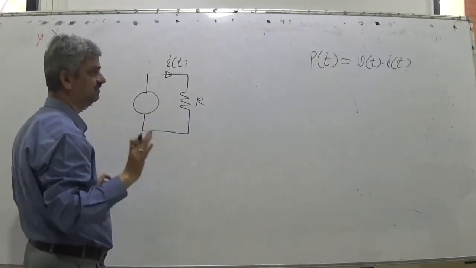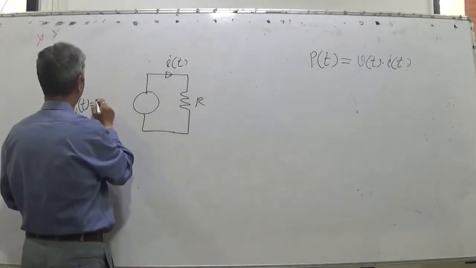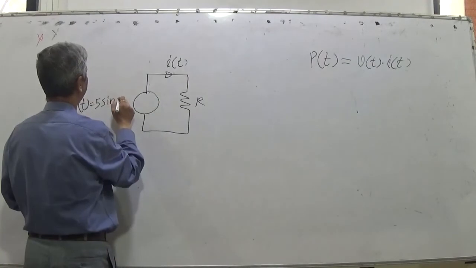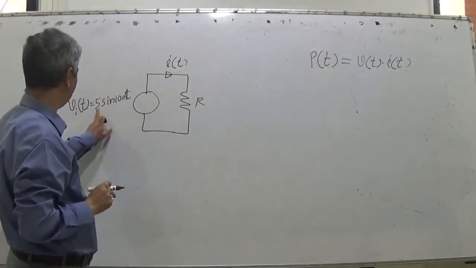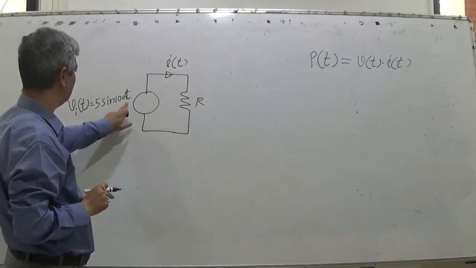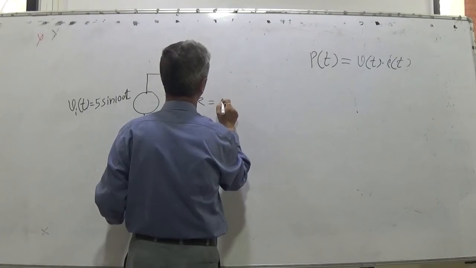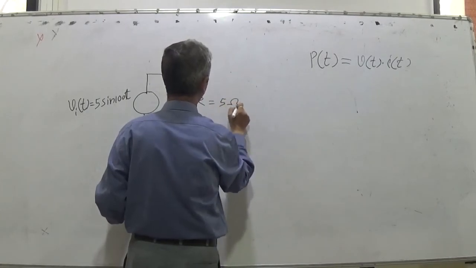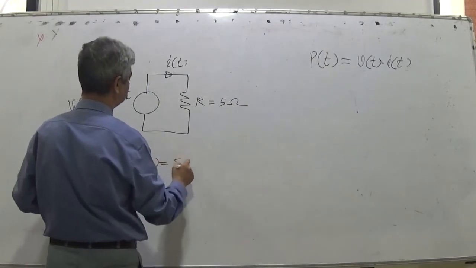Now let us say 5 sin 100t, for time being. If I apply v(t) as 5 sin 100t and R is 5 ohms, what is i(t)? It is sin 100t.